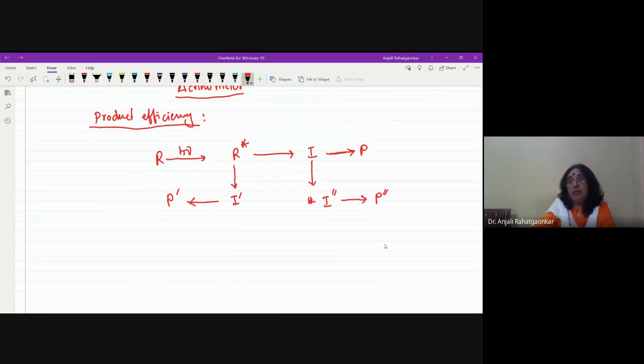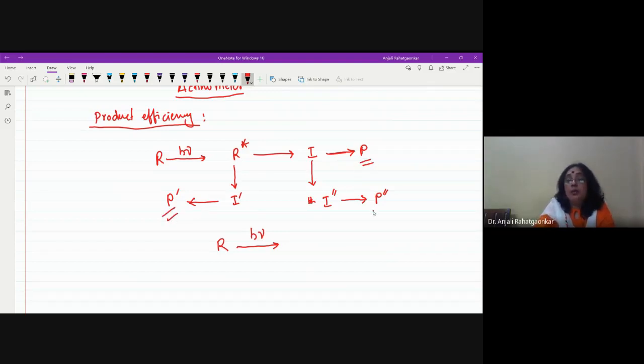productivity. Now here, if we forget these steps, I can directly write, if R is bombarded by or irradiated by H nu, so how much products? Now these are all products, please remember.